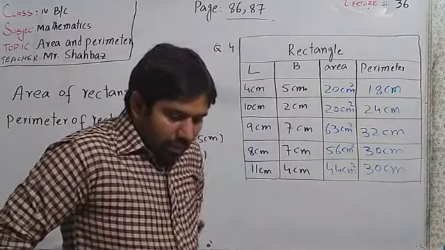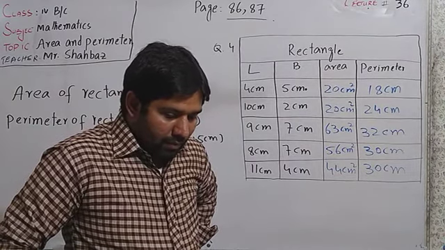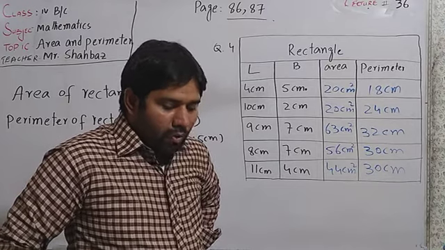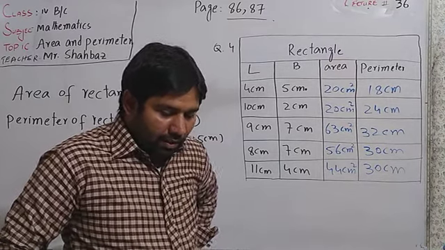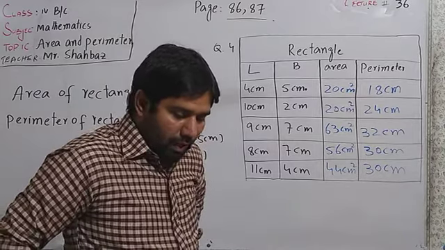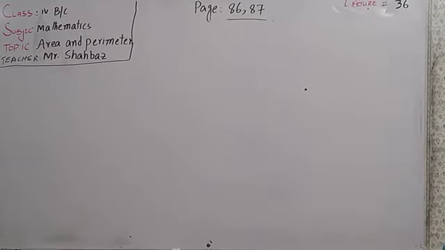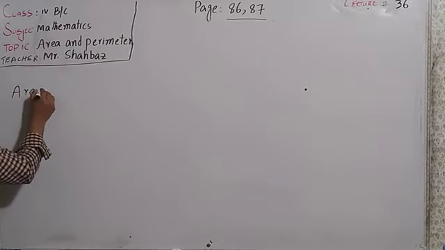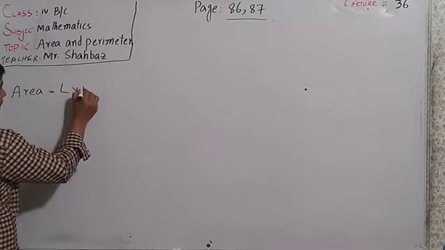Now you have question number 5. In this, the area is given. When the area is given, how to find the length or breadth? So first of all I will tell you, then I will solve question number 5. As you know, area is equal to length multiplied by breadth.